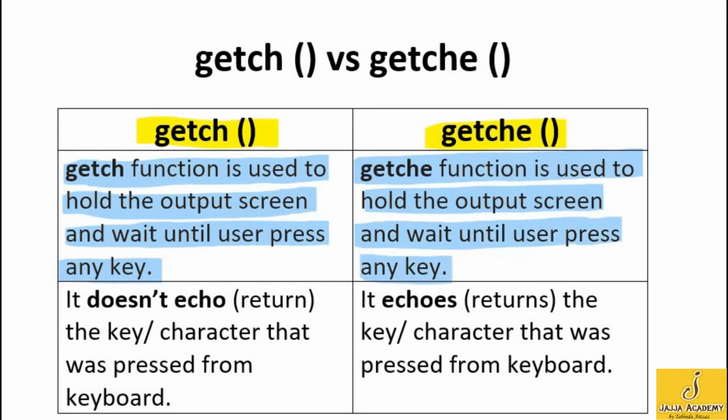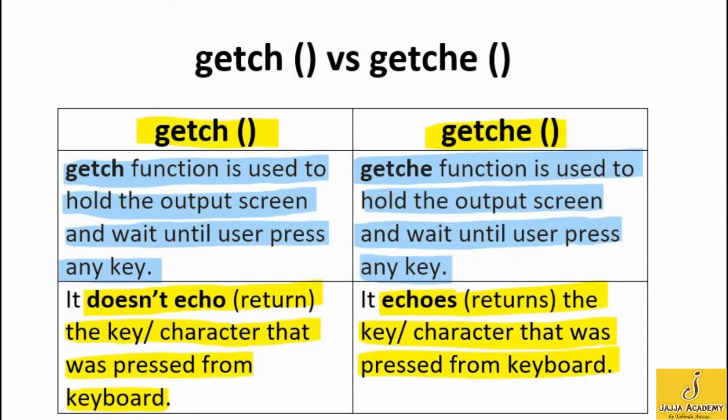from the keyboard. The difference is the getch function does not echo or return the key or the character that was pressed from the keyboard, but the getche function echoes or returns the key or the character that was pressed from the keyboard.